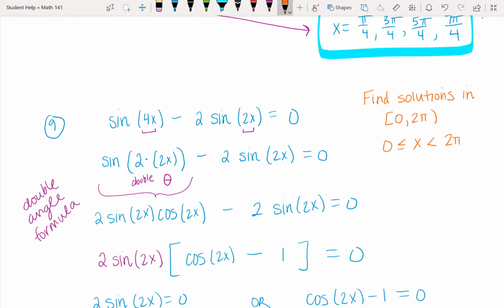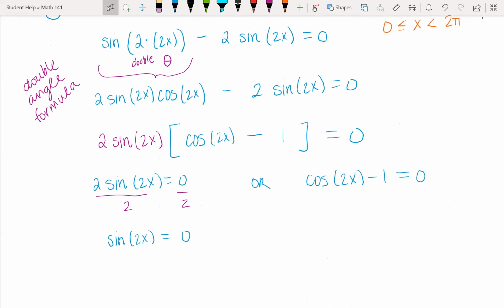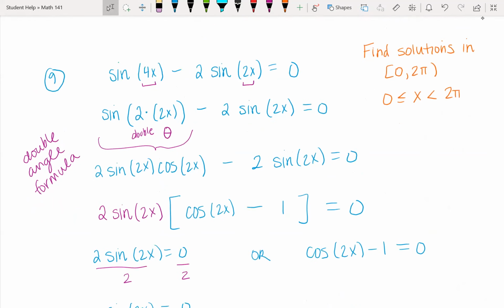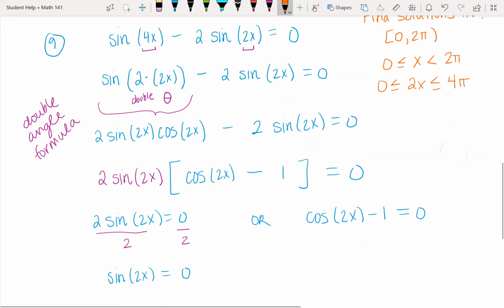But when I'm looking down at where we are, we have double the angle. So if I change this to 2x in the middle, multiply all of these by 2, that means that now my range is actually extended to 4 pi. When we have a 2 with the angle, that changes the period, and so we're having more solutions than we would consider to begin with. So we're going to look at anything that's between 0 and 4 pi.